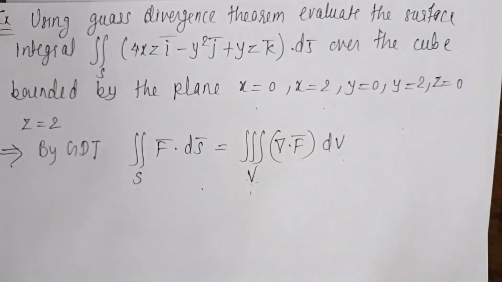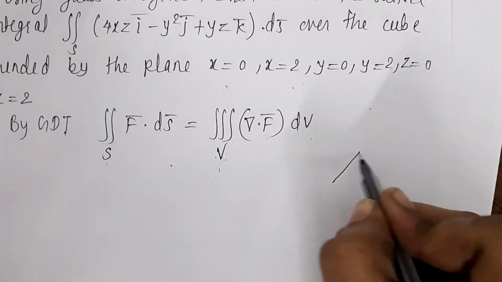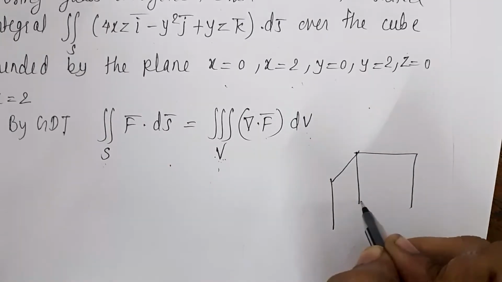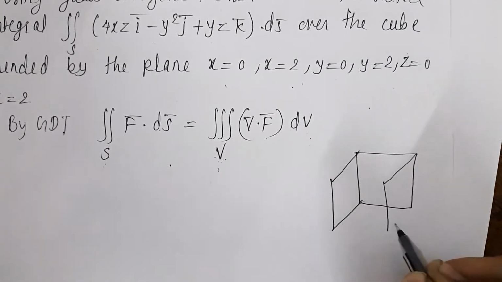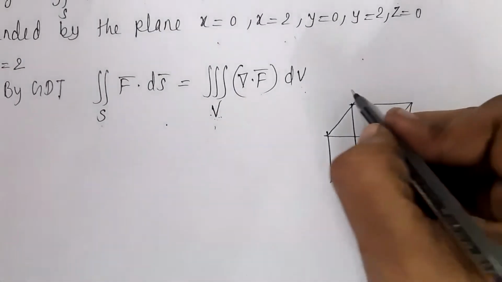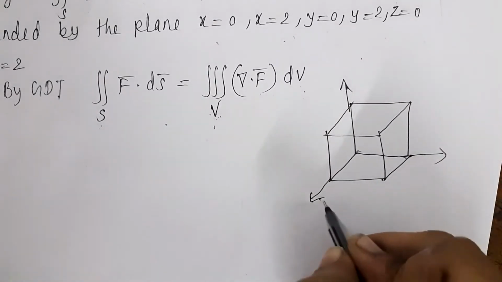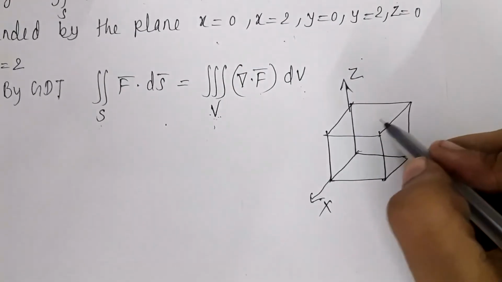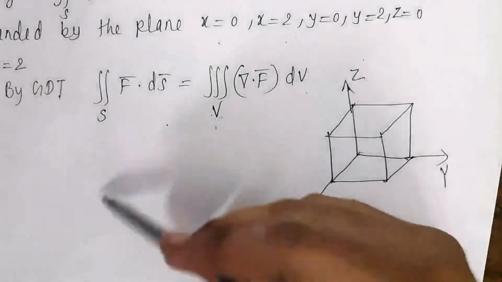So the cube has a total of 6 surfaces, shown along the x, y and z directions. So S is a combination of all 6 surfaces that is given in the problem.